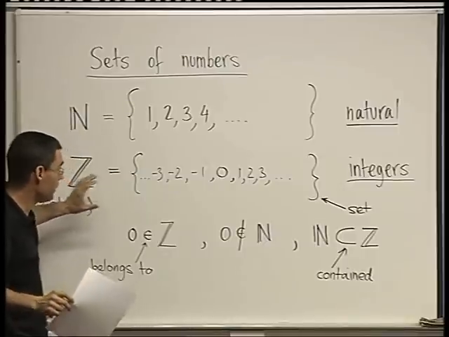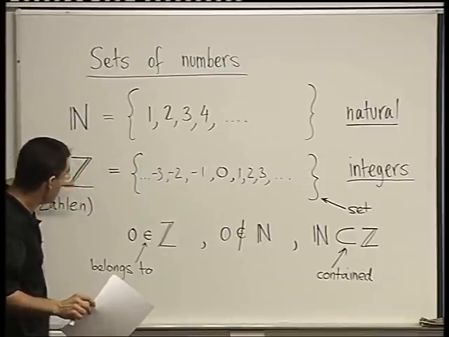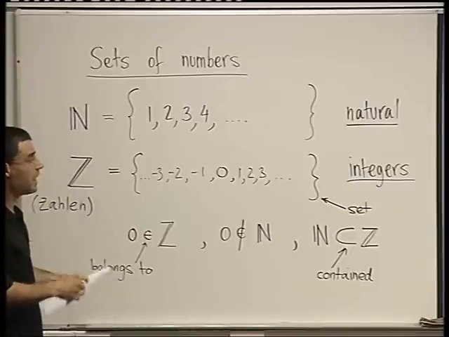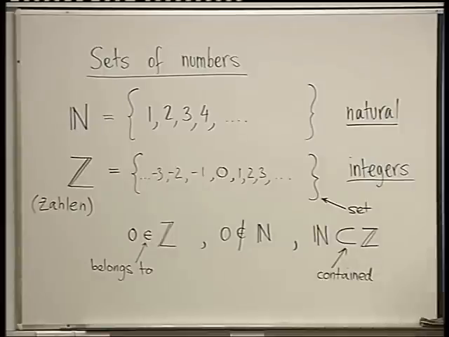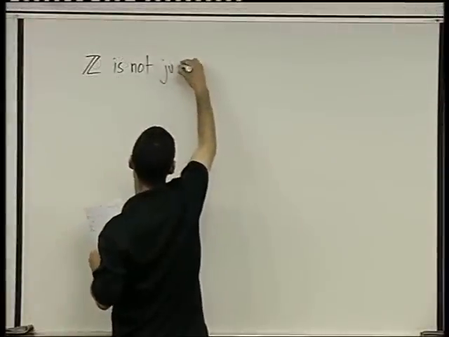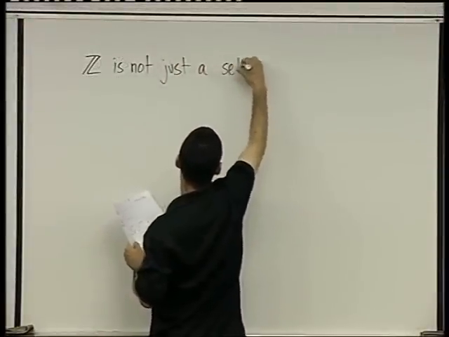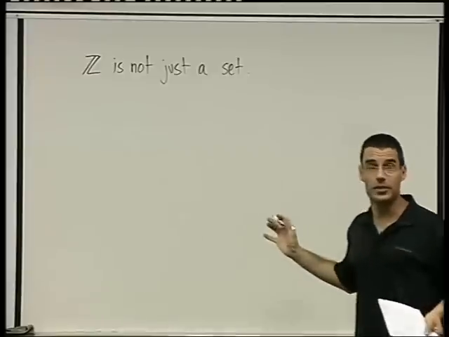I want to start very lightly by revealing just part of the structure of Z and calling it a group. So let's write what we said. Z is not just a set. It's not just a collection of elements, okay?